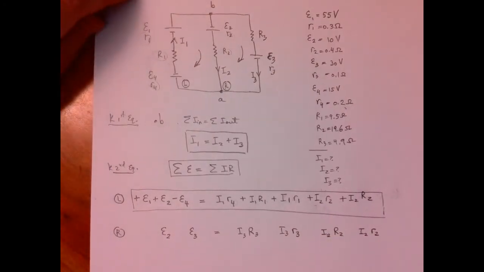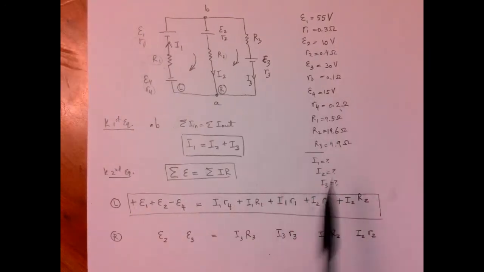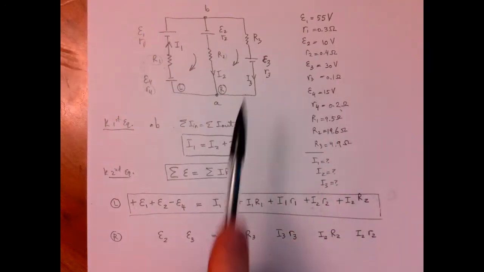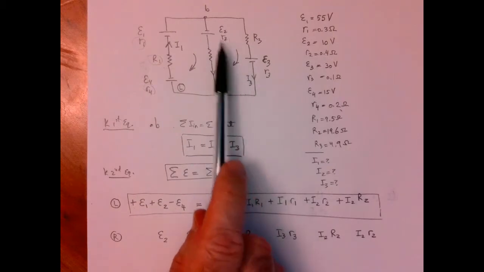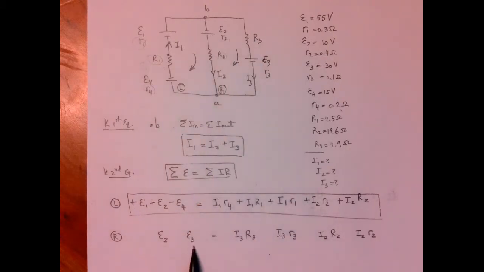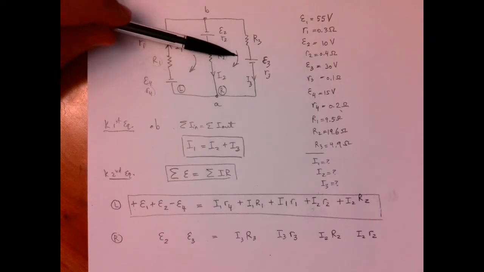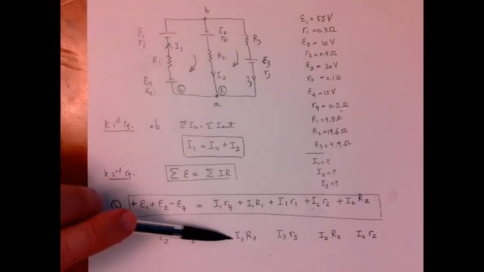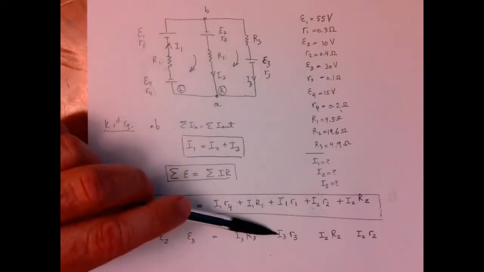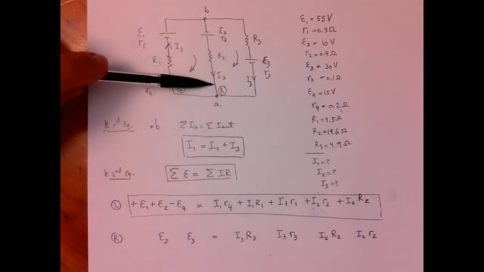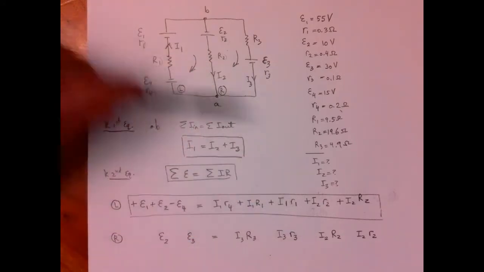For now I just listed them. Again, I have to account for all the batteries, and I think I did, right? E2 and E3. And I have to account for all the IR terms. And indeed, I have I3 R3, I3 r3, I2 R2, and I2 r2.